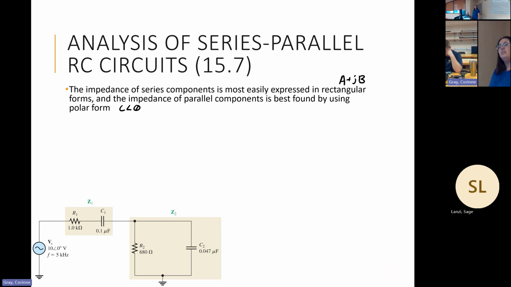Is it possible for us to have our Z's in parallel? Let's say there was a mirrored section of Z2 above it. How would we add the parallel Z's together? How do you add parallel resistors together? That's what we were going to do in the example.